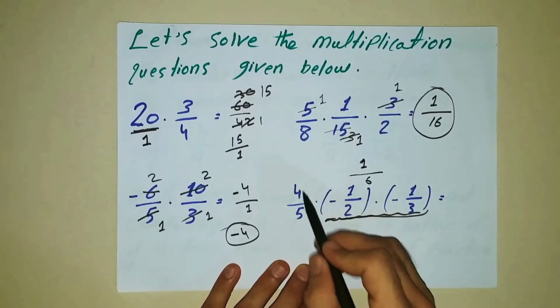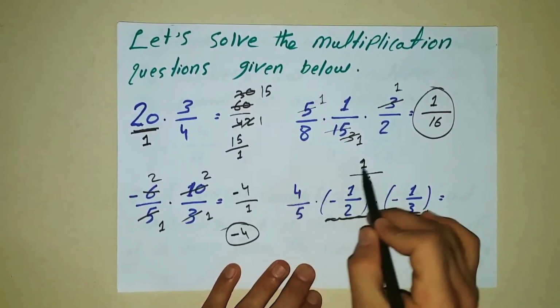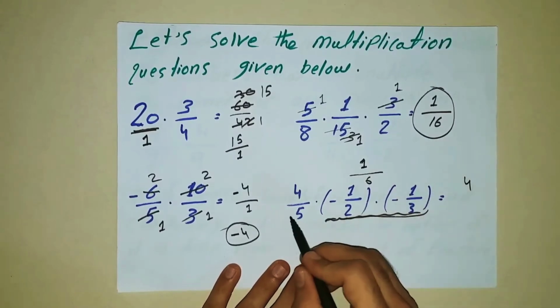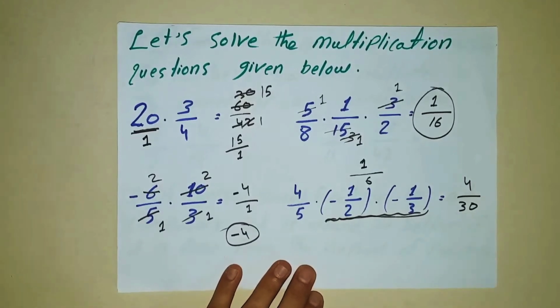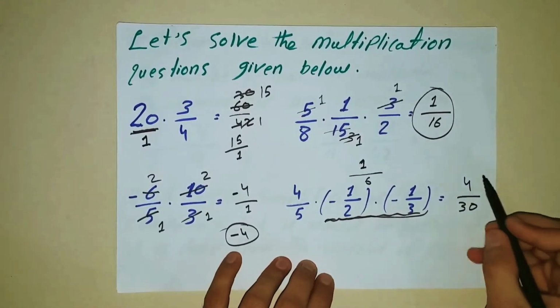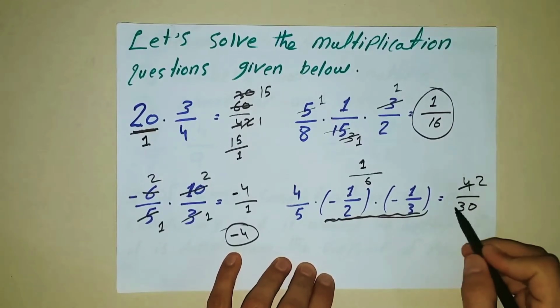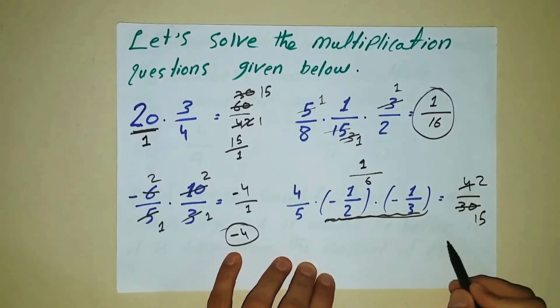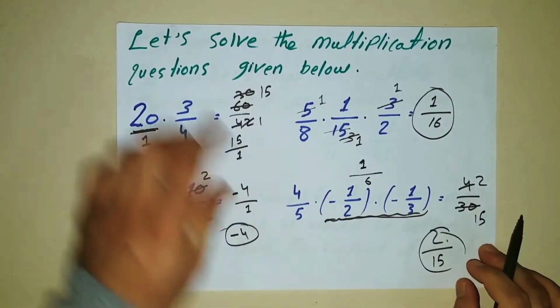Now our question is 4 by 5 multiplied by 1 by 6. 4 1s are 4, 5 6s are 30. I can simplify this with 2. 2 2s are 4, 2 15s are 30. So our final result will be 2 by 15.